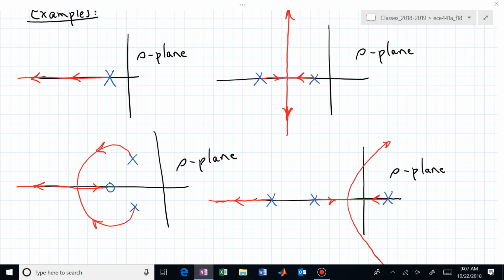So those are some pictures that by the third exam and the final you need to be able to draw. The red lines won't necessarily be on your paper, maybe not even the X's and the O's, and you'll have to put down the X's and O's and sketch the red lines.